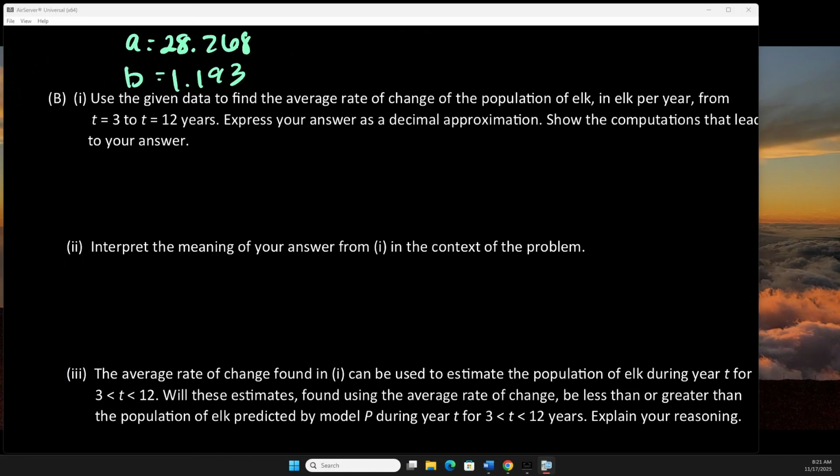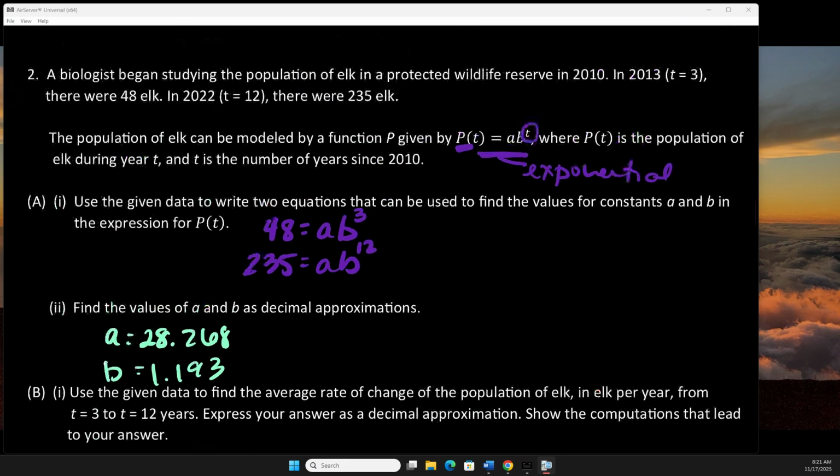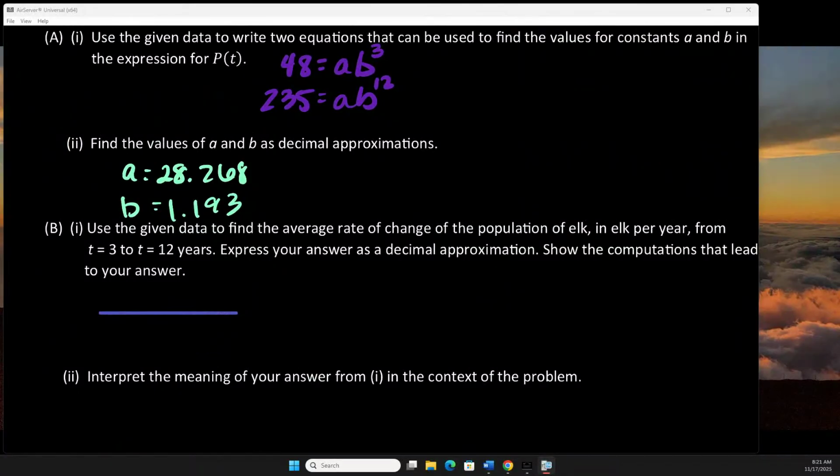So part B1, we're going to use the given data to find the average rate of change of the population of elk from t equals 3 to 12. You do have to show your work here. You can't just do it in the calculator and give the answer. So we're going to subtract the number of elk in the numerator and the years in the denominator, and then you can type that in your calculator and you would get 20.77 or 20.777 or 20.778.